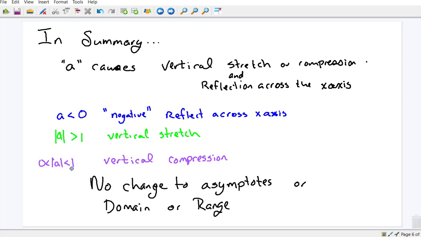If it's between 0 and 1, it's a compression. And again, those last two are looking at it as the absolute value, so we're not considering the sign. We're not worried about whether it's positive or negative when we're looking at the green and the purple changes. And again, there are no changes to the asymptotes or the domain and range.